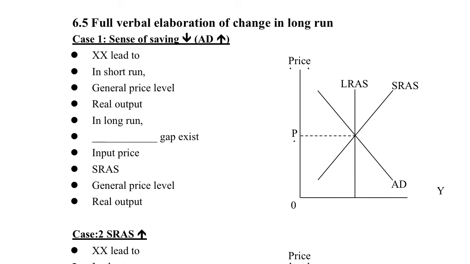Okay, so if the starting point is in the long run equilibrium, then let's see. If this time we find that the rate of saving is decreasing, now we have to understand this event. Always start with the event. The event will lead to an increase in AD, so the AD shifts to the right.